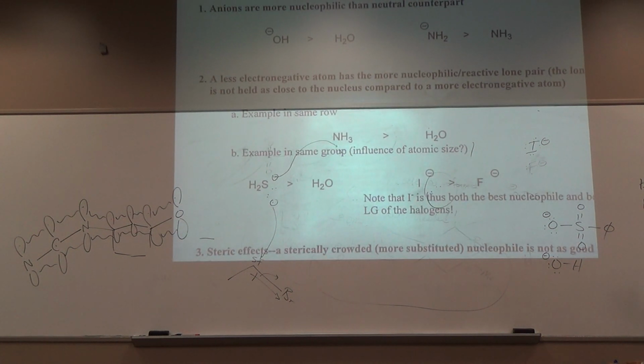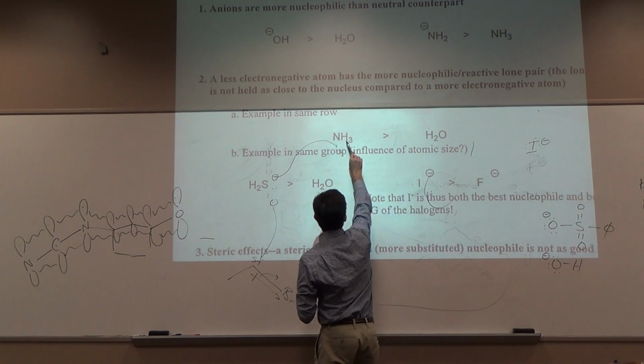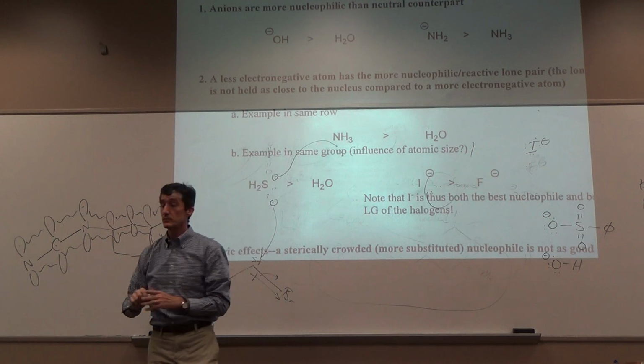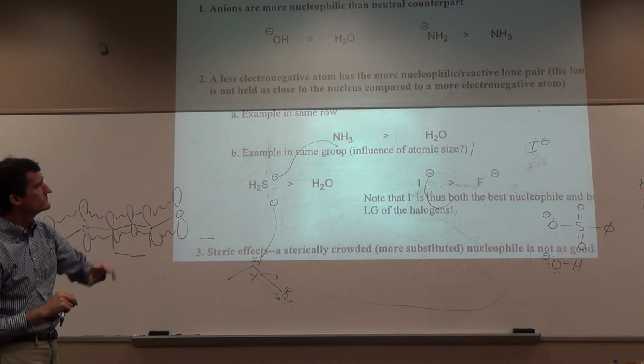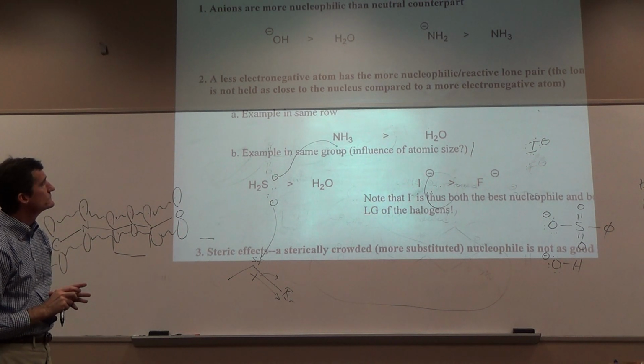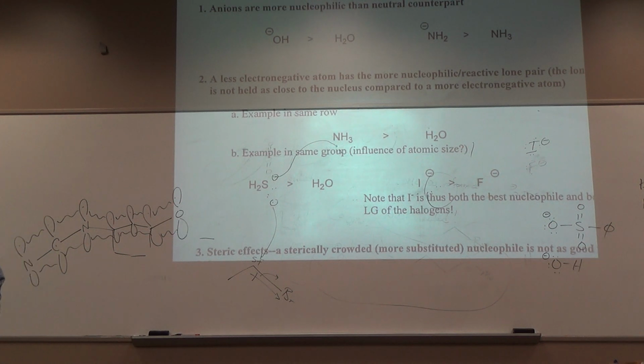There we had both for oxygen and both for nitrogens. Let's change it up a little bit. Which is a better nucleophile, ammonia or water? Oh, they're both neutral, so we have to look at something else. What's number 2 say? Ammonia is more nucleophilic. Why? It's the same reason as why it's more basic.